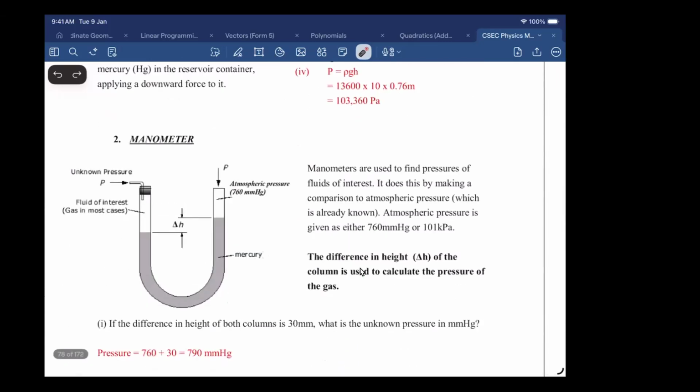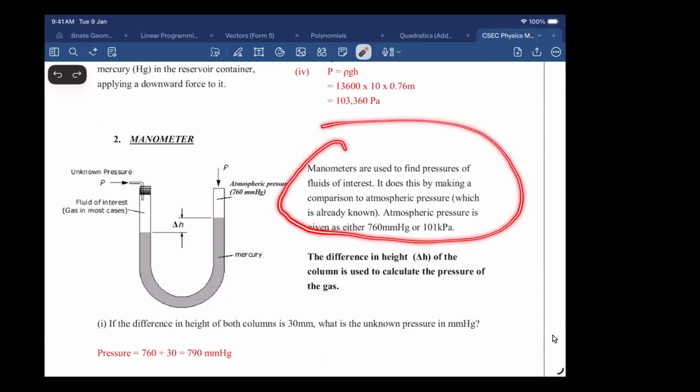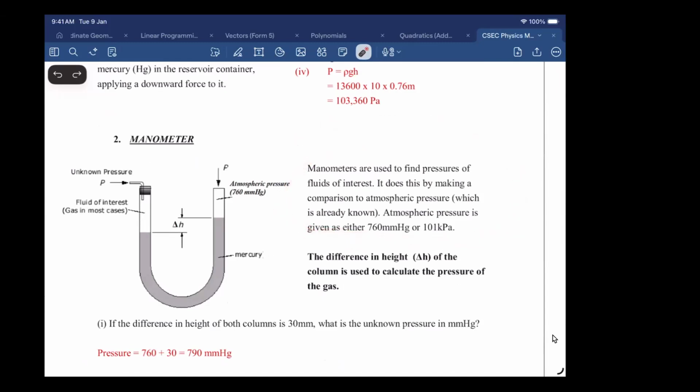Have you ever heard of a manometer? I don't think so. Never? All right. Give it a read and then I'll go explain it. Manometers are used to find pressures of fluids of interest.